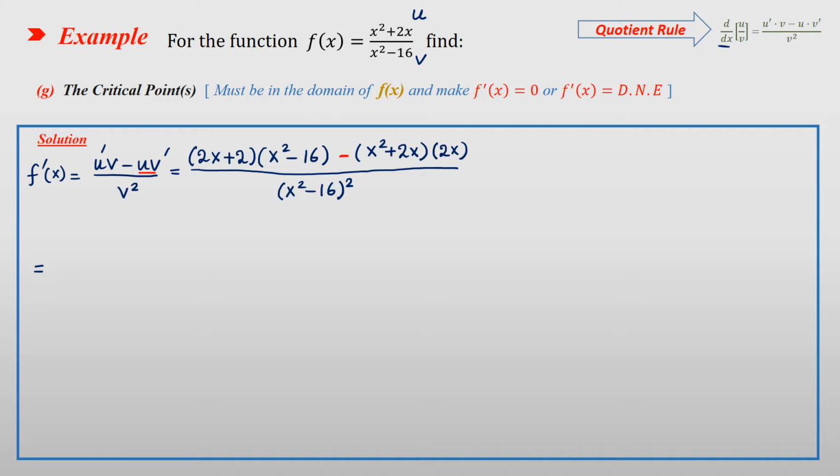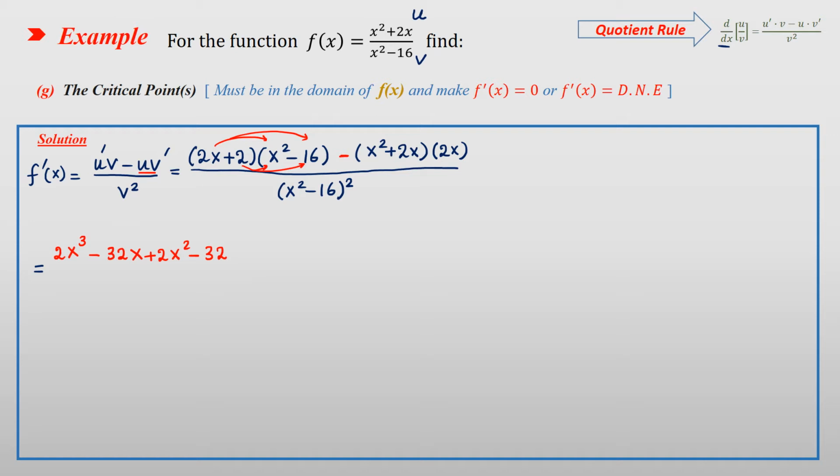You have to multiply these two brackets. So we have 2x times x squared, 2x cubed, minus 2x times negative 16, that is minus 32x. Then you multiply 2 by x squared and negative 16, and you will get plus 2x squared minus 32.